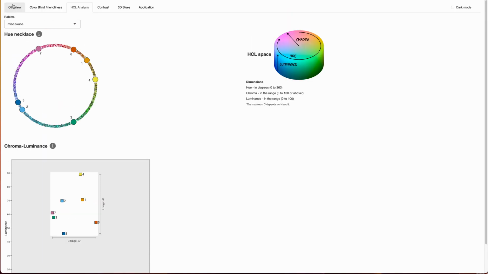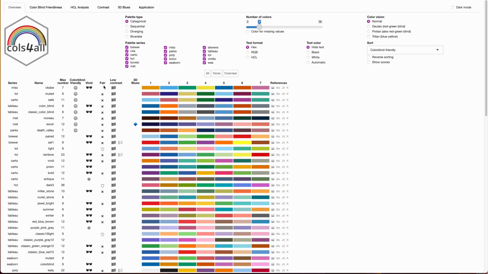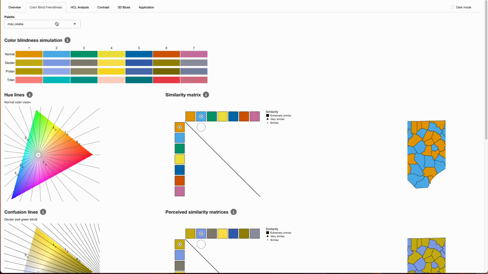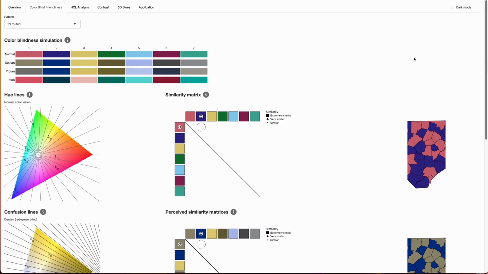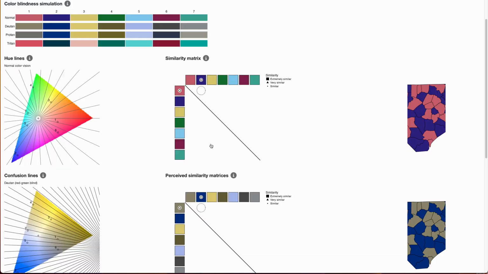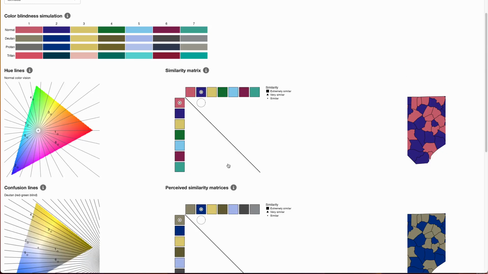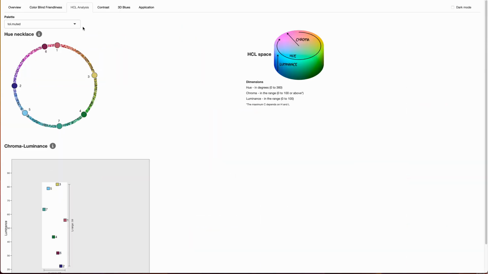So if we look at palettes that don't score very well on fairness, say Tol muted, it's also a very good palette in terms of colorblind friendliness. However, it's not very fair. Let's see why. Muted, this one. So again, the colorblind friendliness is very good, so no issues there.